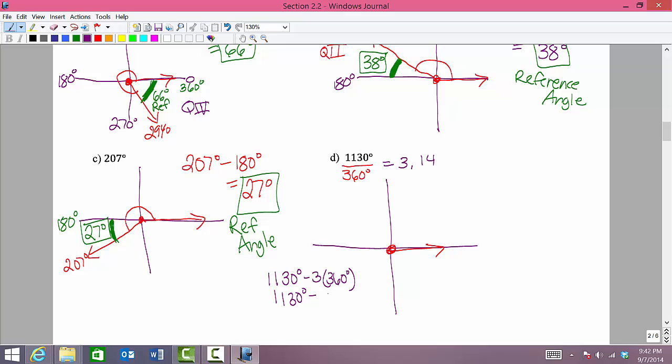That means I'm subtracting 1080, and that gives me a coterminal angle of 50 degrees. So I'm going to go 3 complete rotations, so 1, 2, 3, and then this tells me that I need to go 50 degrees more into quadrant 1.